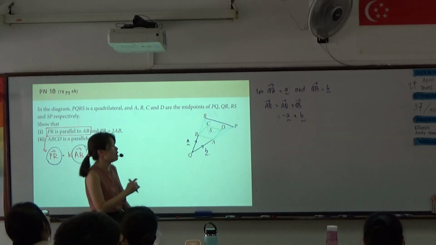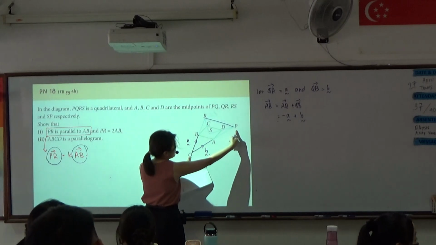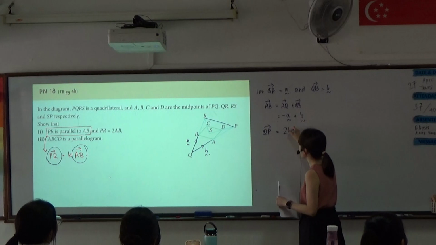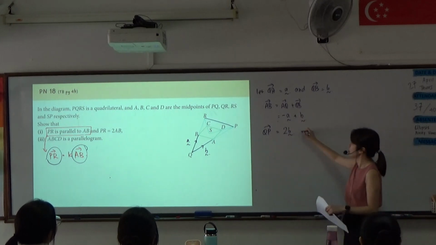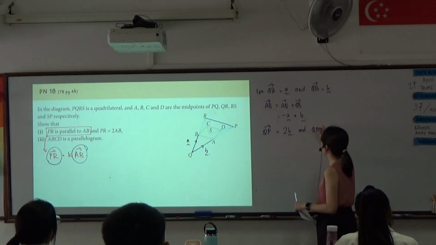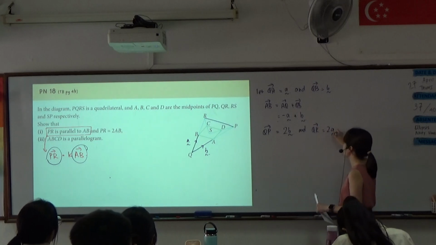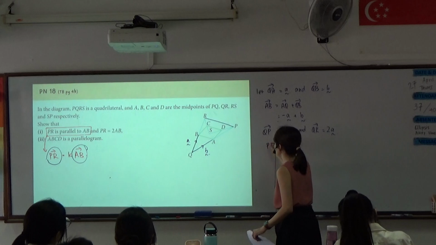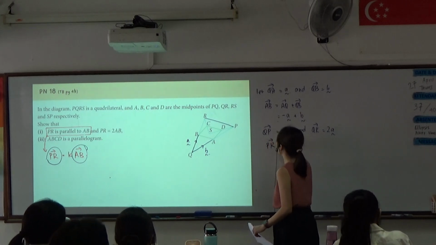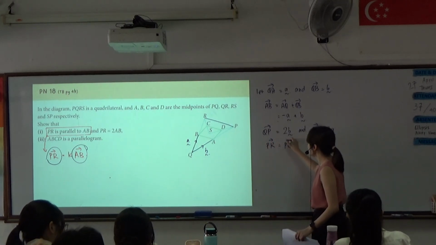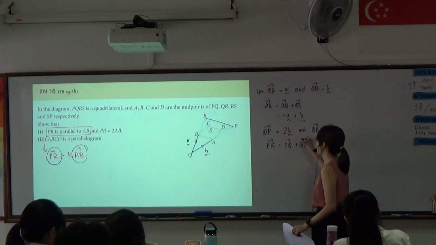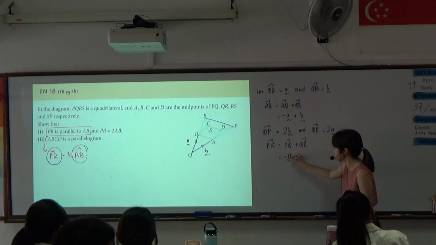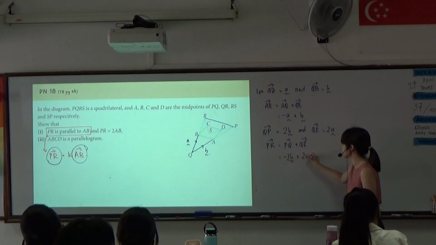Because they are midpoints, the vector QP will have to be 2 times B, and QR will have to be 2 times A, which means that PR will be PQ plus QR. And PQ is negative 2B and QR is 2A.